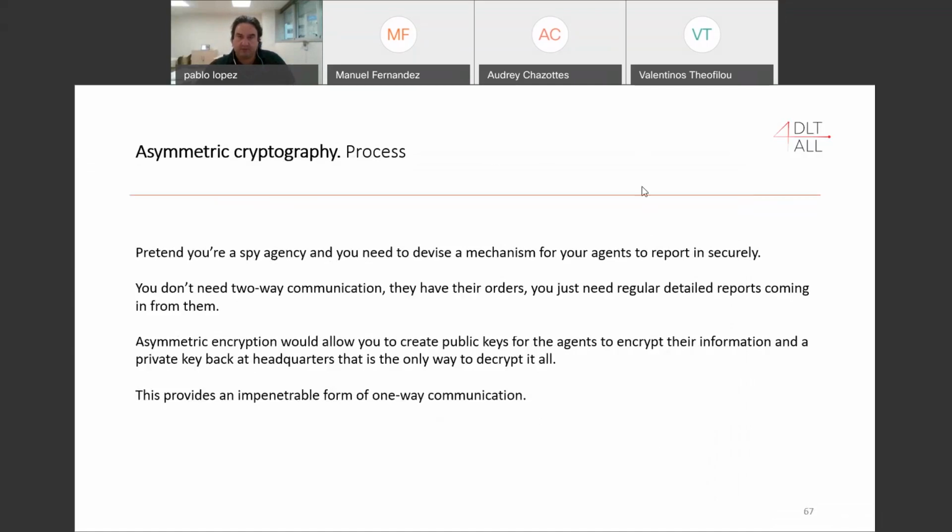As an example, instead of a spy agency, we are researchers at a laboratory, and we need to share information about one of our main research lines and keep it secret. So we can use this kind of asymmetric cryptography, or public-private key, to send our information.